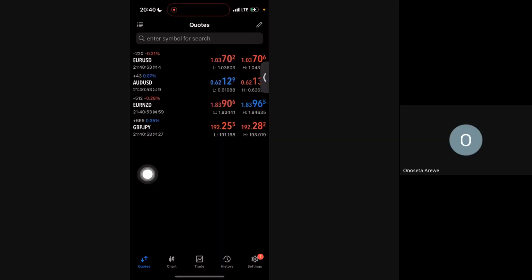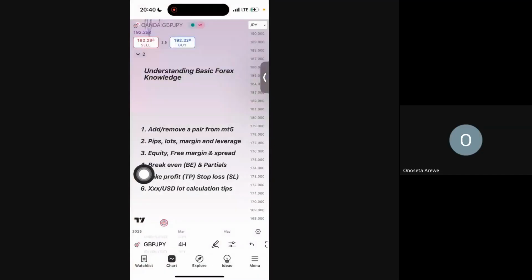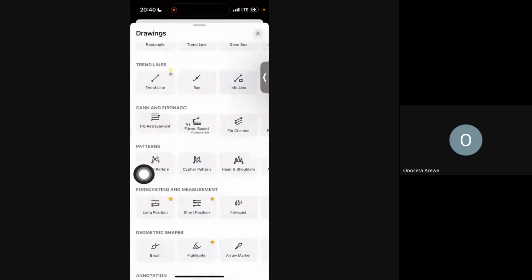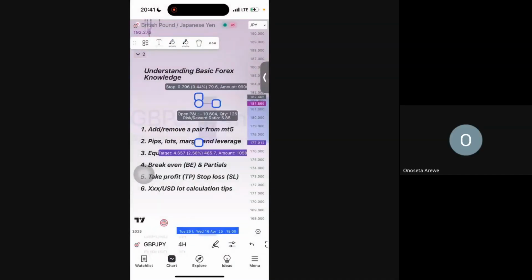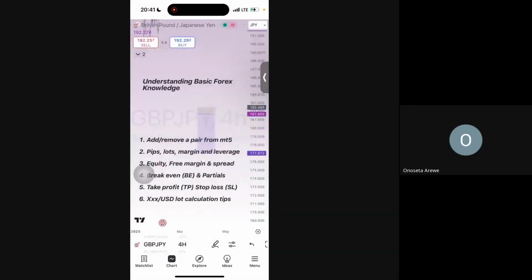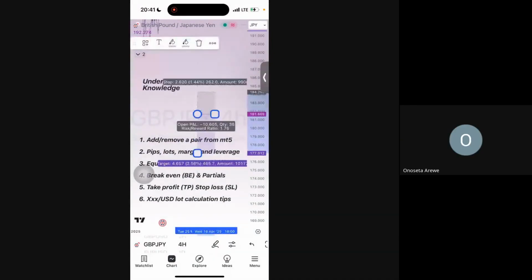So when you get to your MT, your TradingView, there's my long tool. Let's use a short tool here. You can see this right here. The difference between this price and this price is about 2.6.